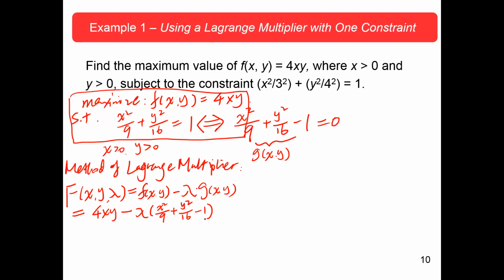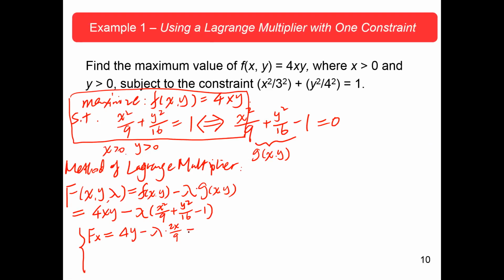Good so far? Okay, next is pretty straightforward. Let's take partial x, partial y, and then partial lambda. Partial x, okay, we could do 4y minus lambda times 2x over 9, right?